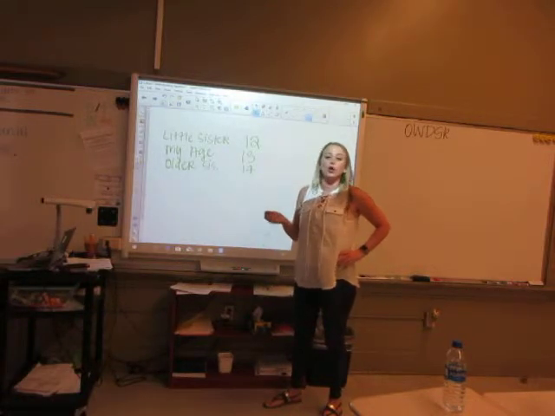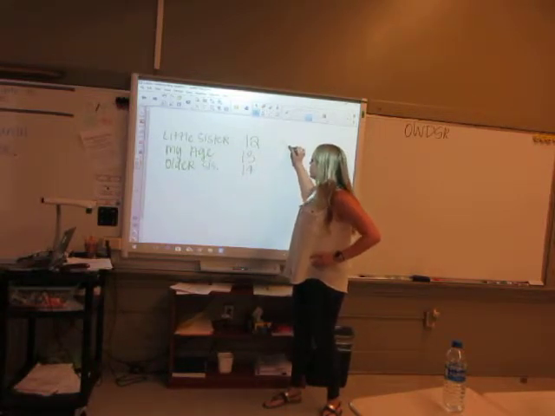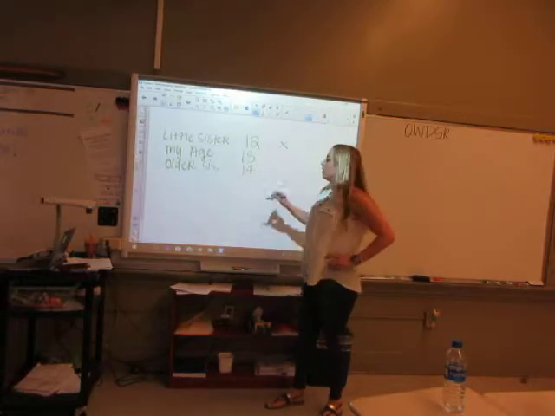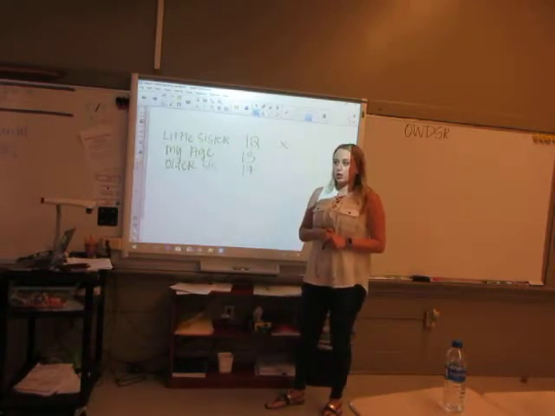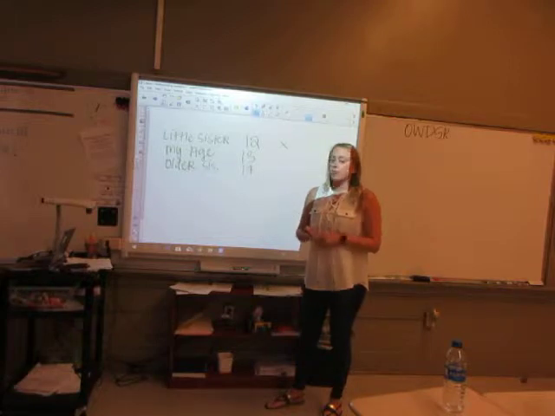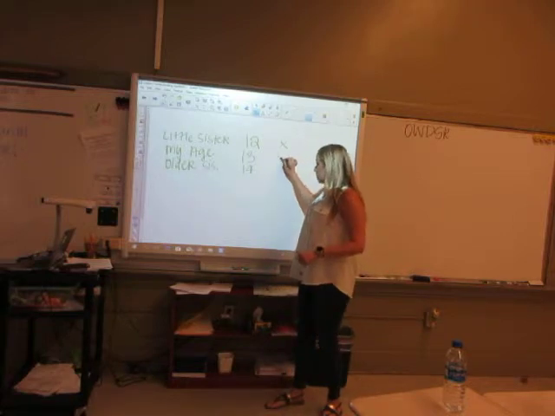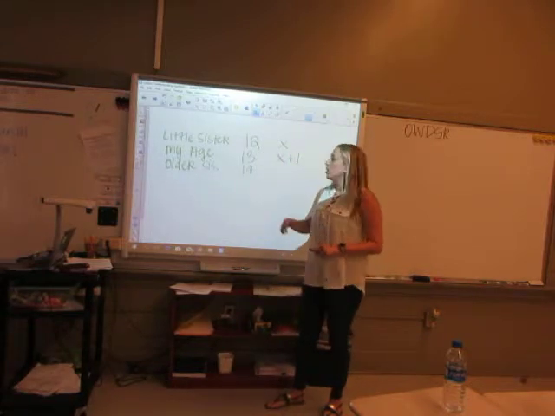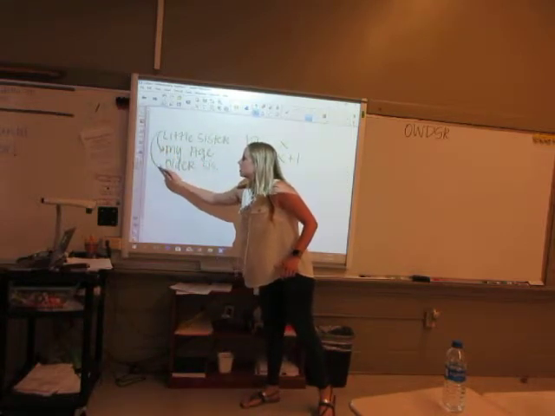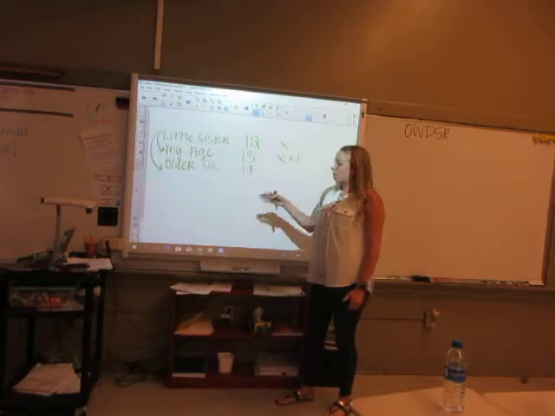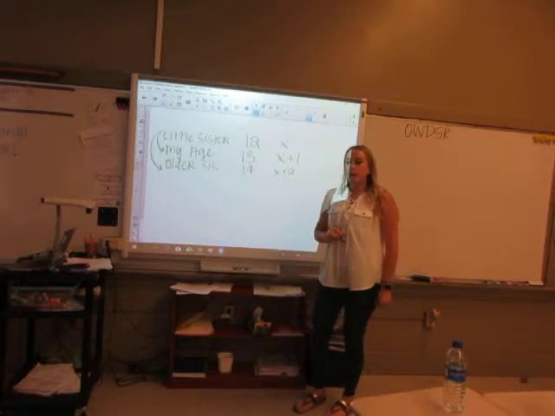What do we use for something we don't know? A variable. A variable is an unknown number. So for the little sister, we'll say X. If the little sister's age is X, and I'm 1 year older than her, X plus what? X plus 1. Then from little sister to older sister, little sister is 12. How much more is 14? Plus 2. So that's how that works.